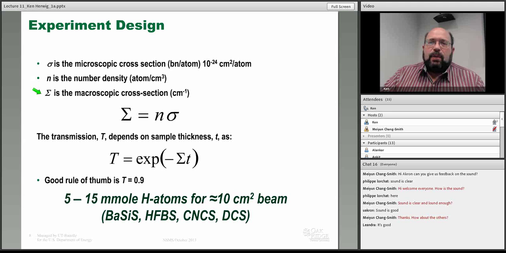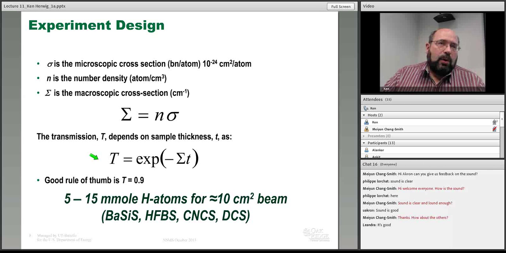Capital Sigma we'll define as the macroscopic cross-section, which is just the product of the number density times the microscopic cross-section. In that case, the transmission simply depends on the sample thickness T as e to the minus capital Sigma times the thickness.